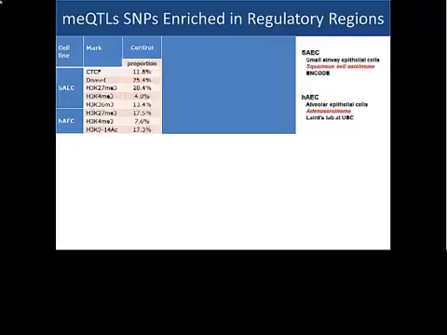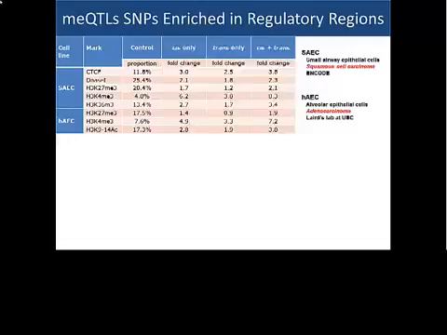This column shows the proportion of the methylation QTL SNPs located in these regions, and this one is for the control data set. And then we calculate the fold change. As you can see, even for SNPs with only cis effects, all of these categories show enrichment, particularly for the mark H3K4me3.